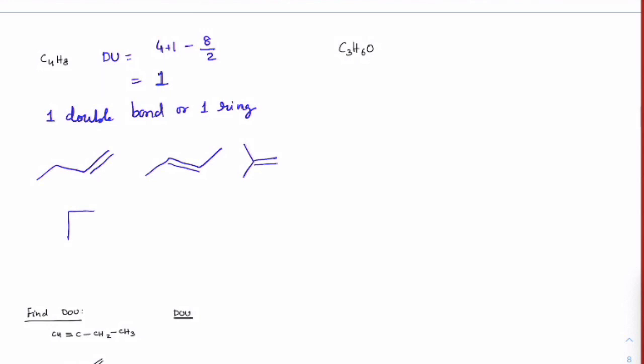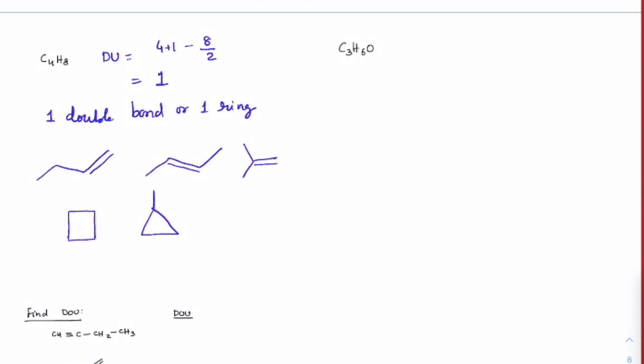One possibility is only ring form, a 3-membered ring. So either I can have a 4-membered ring, 3-membered ring, or one double bond equivalent here. So you can see there are 5 possible products I can get from C4H8. That is where degree of unsaturation helps us understand how many possible products we can have.